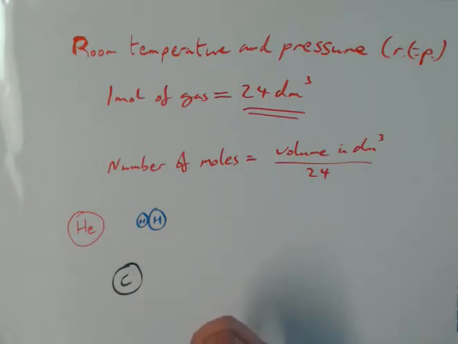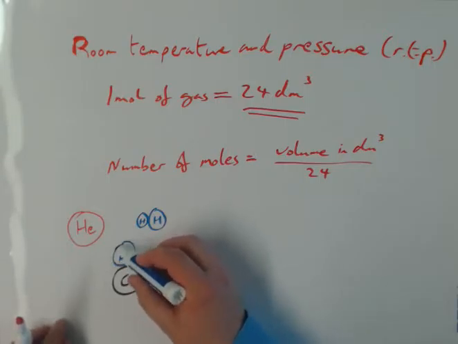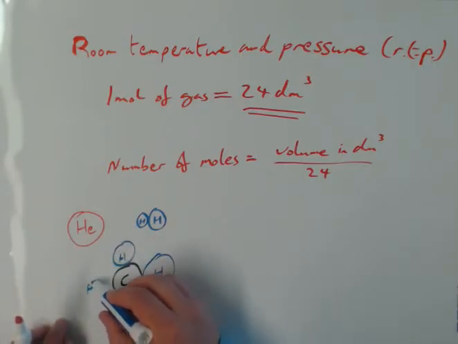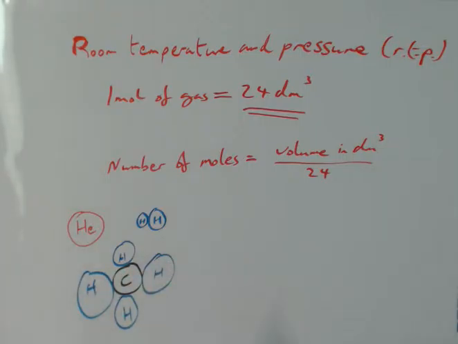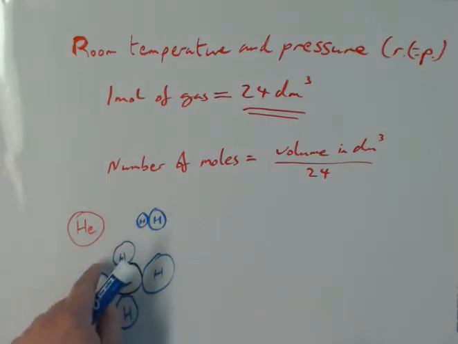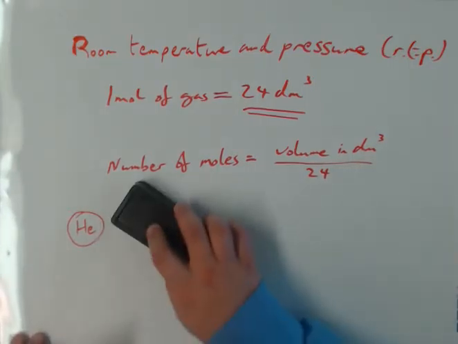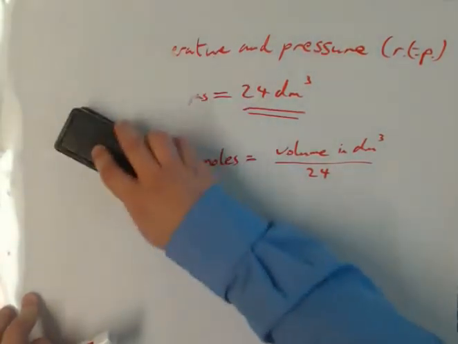These would all be 24 decimeters cubed at room temperature and pressure. So it's all the same. Seems a bit weird, but gases behave a bit differently. We've got a lot of space between the molecules. So it's how they behave that matters, not how closely they'll pack together. Okay, so that's the rule, key rule that we need.